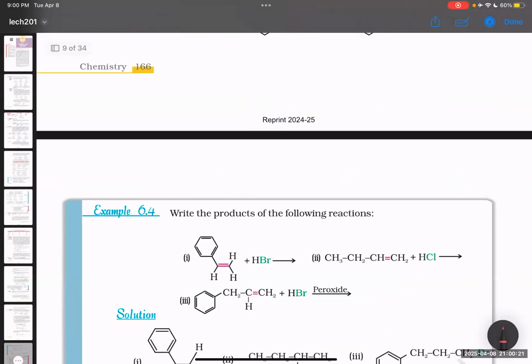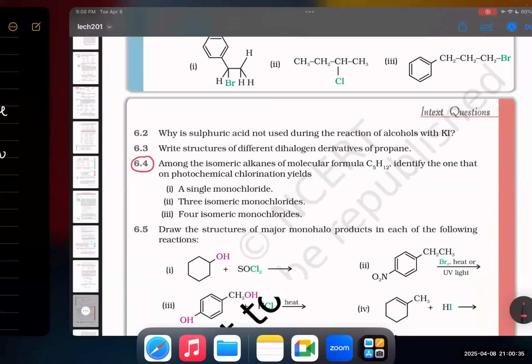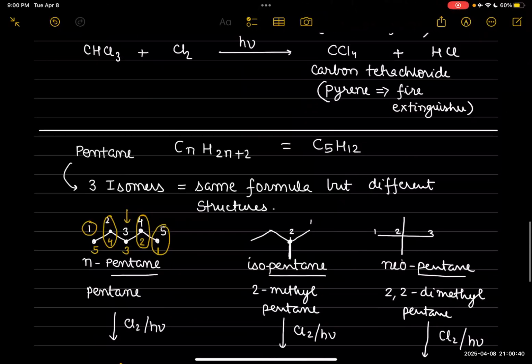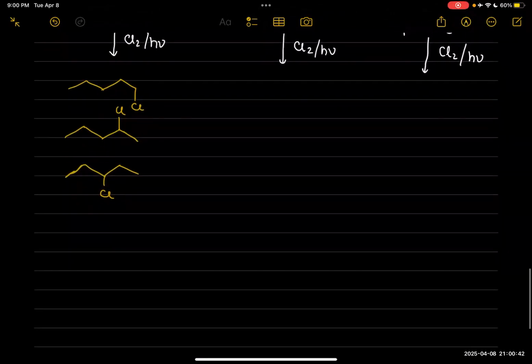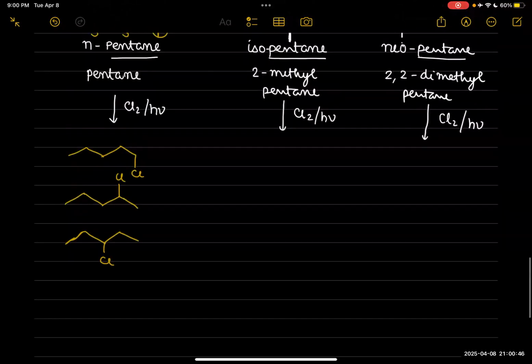And in this one, we are doing question 6.4. I hope it is clear to you what we are doing right now. We are trying to draw that because this is a very important example. It is so important that it was asked in JEE Mains and Advanced many times.